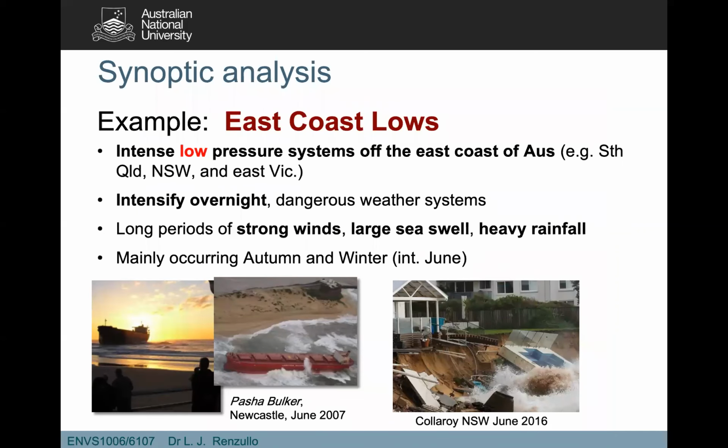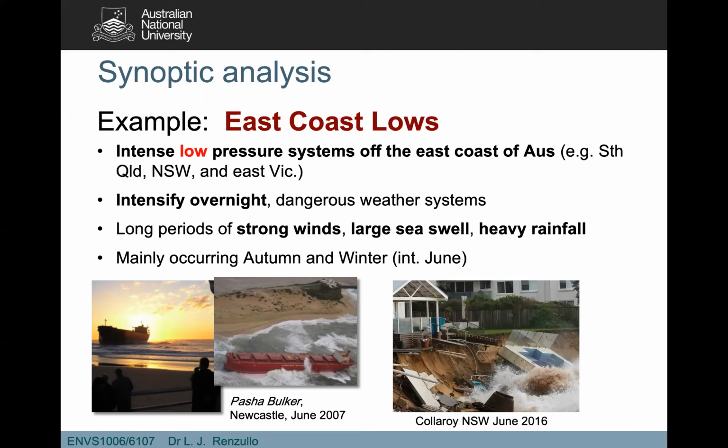So with an analysis of the mean sea level pressure, we can explore some of the weather phenomena we get in the region. One example of severe weather we cop in Southeast Australia particularly is known as the East Coast lows.